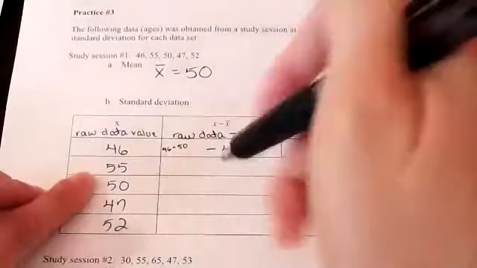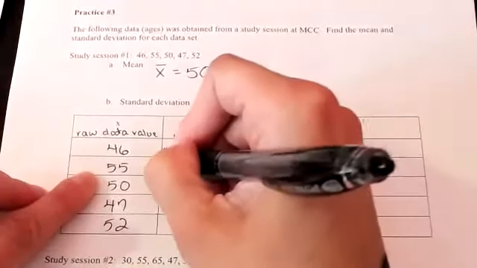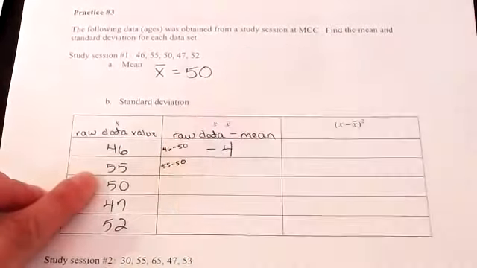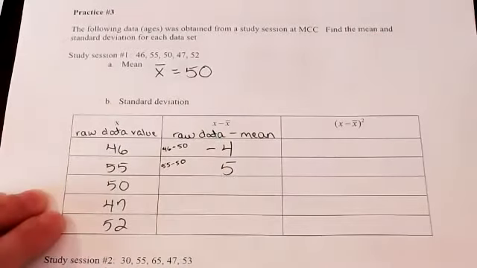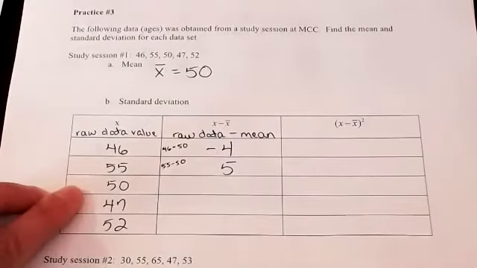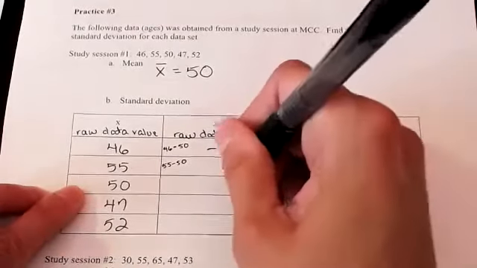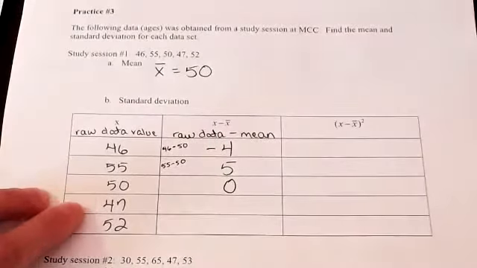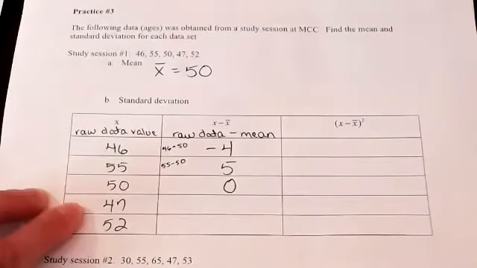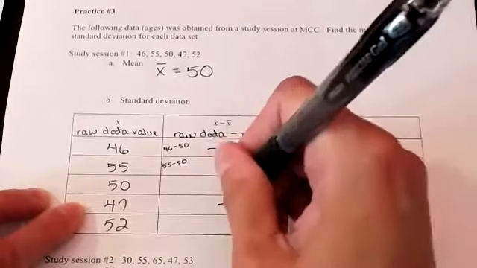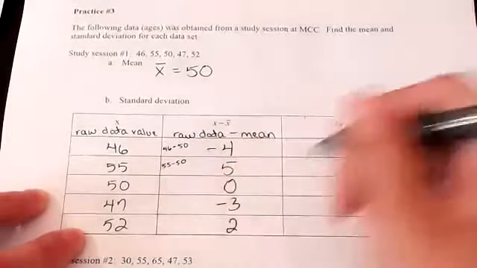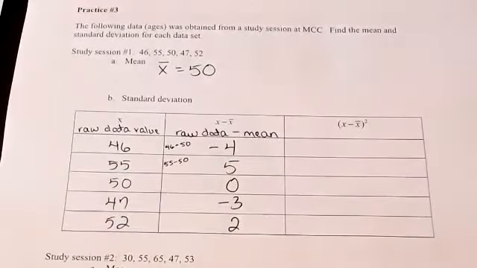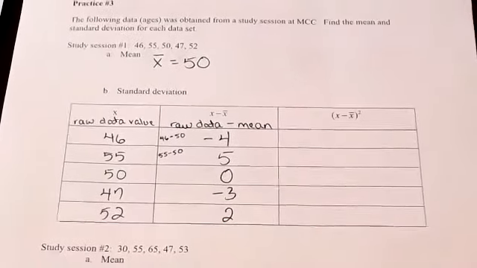For this next one, we've got 55 minus 50, the raw data value minus the mean. So we have 5. For our next one, the raw data value minus the mean, that leaves us with 0. 47 minus 50, that's going to leave us with -3. And then 52 minus 50 is 2. Any questions for me so far? I just want to make sure that I'm going at a decent pace.